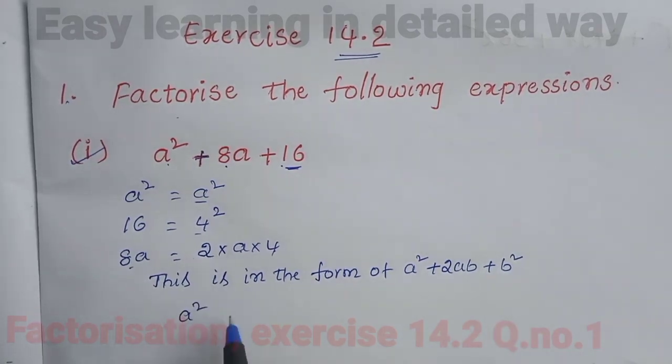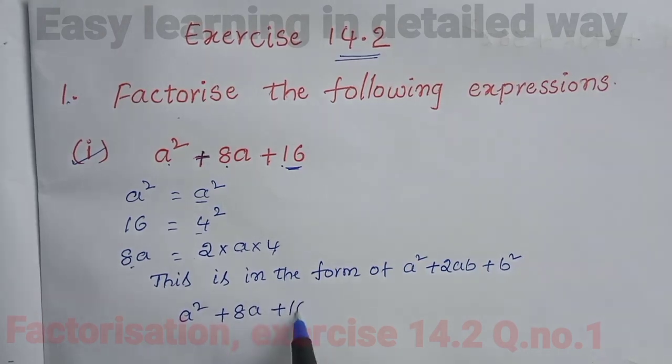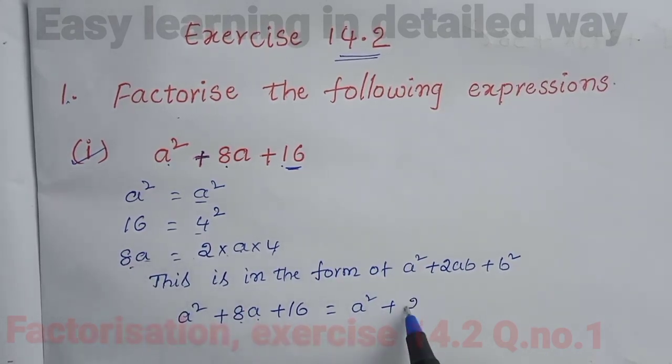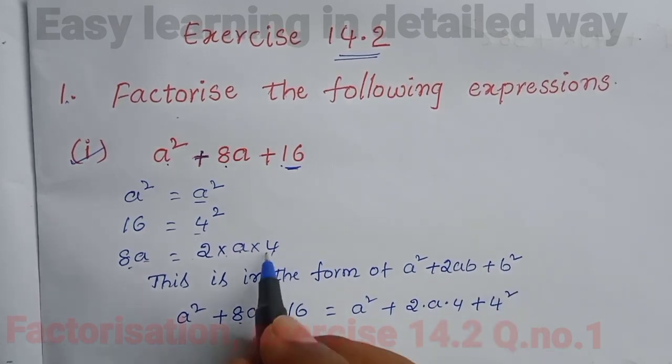See then what it will be: a square plus 8a plus 16 can be written as a square plus 2 into a into 4 plus 4 square.